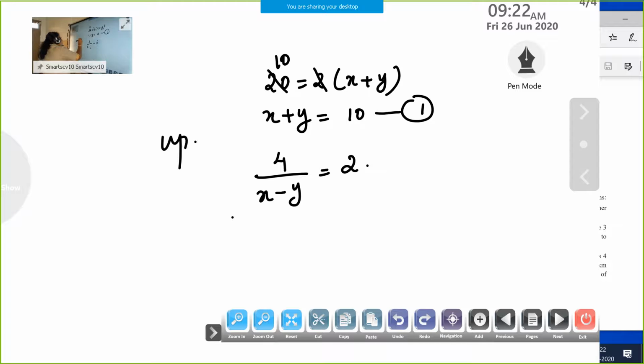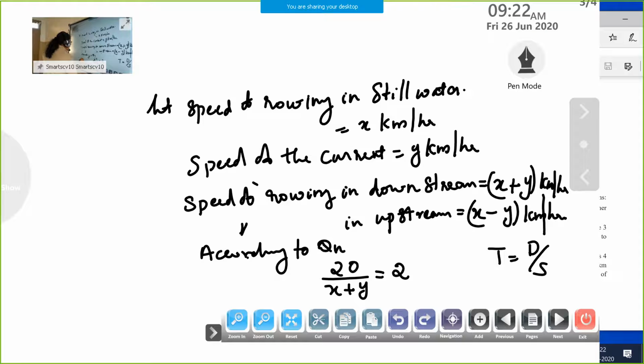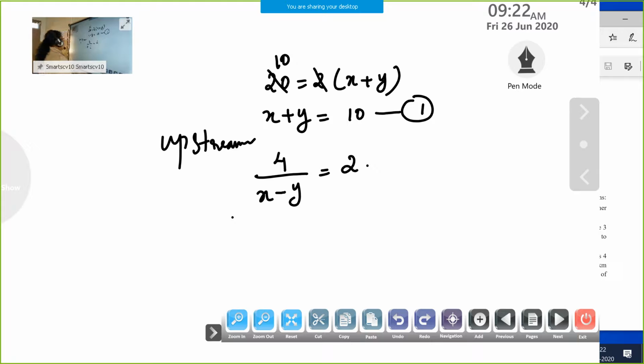This is the upstream case. 4 divided by x minus y is equal to 2.